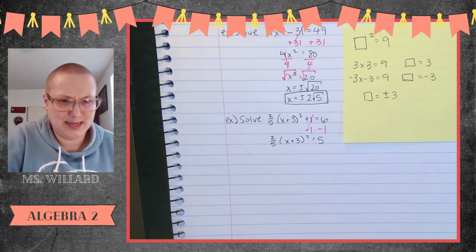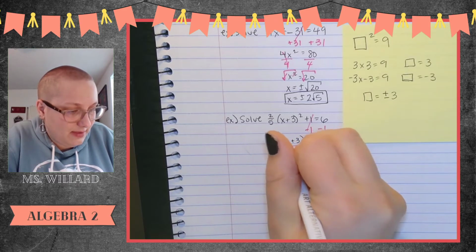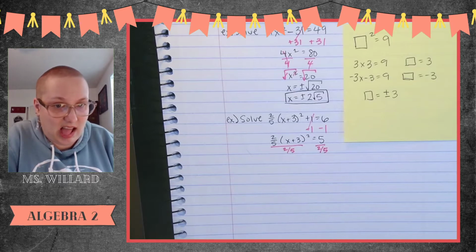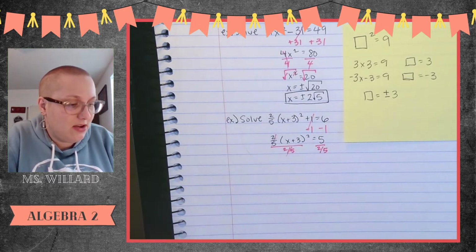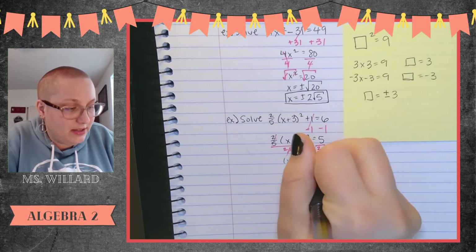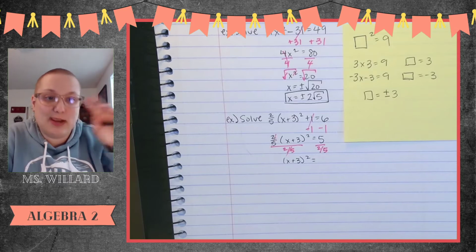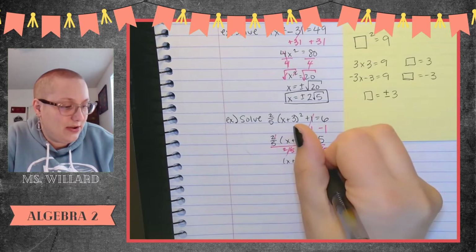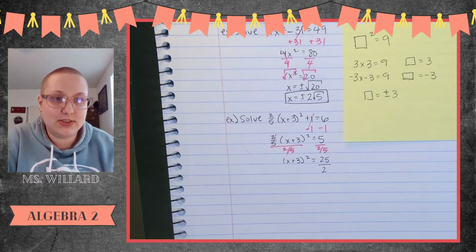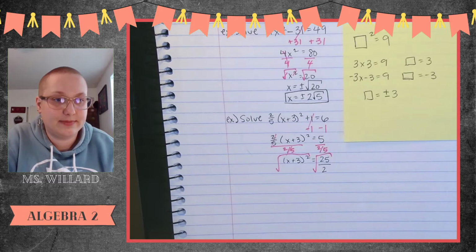I'm going to divide everything by 2/5. I know, right? Which leaves me with x plus 3 squared equals, well, dividing by a fraction, we flip it over and multiply, or just ask your calculator nicely. You get 25/2.